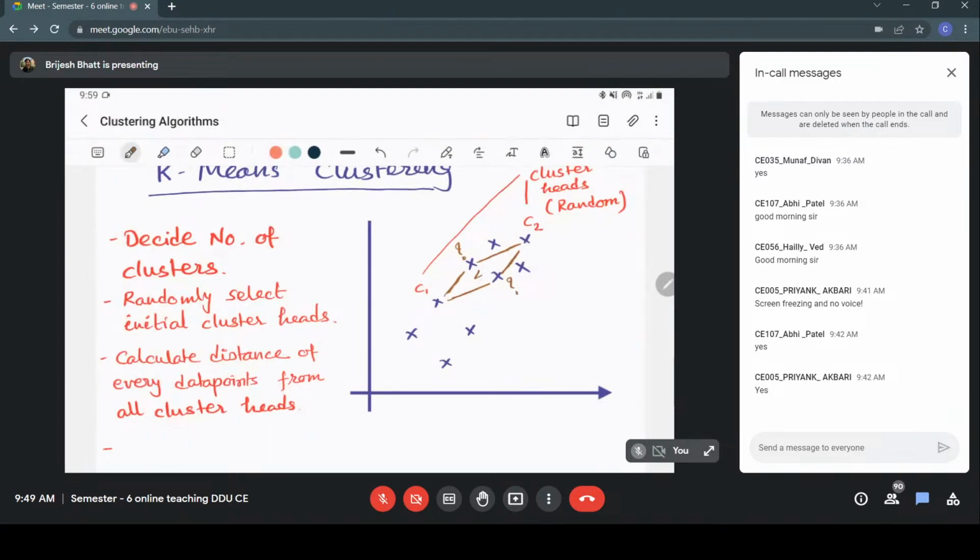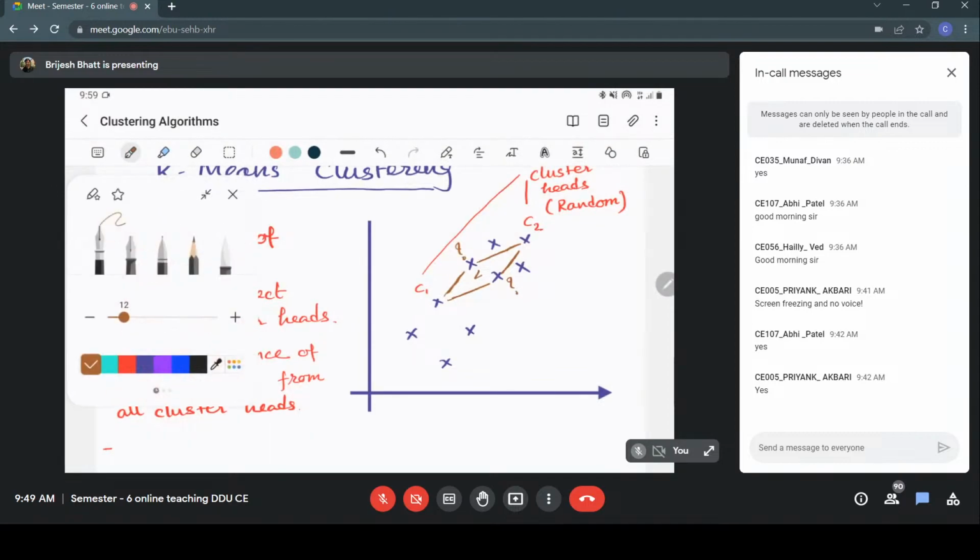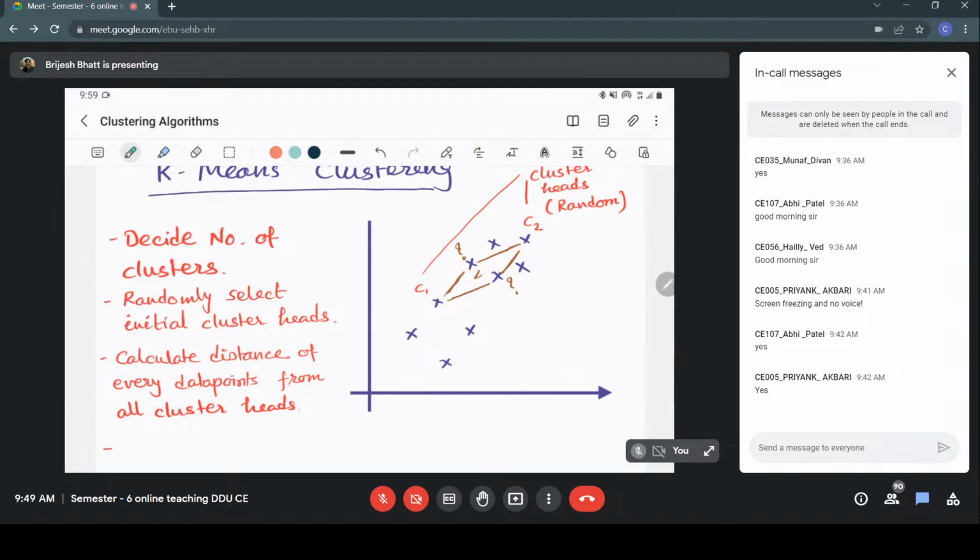So in your first iteration, you might get clusters like this. So that will be the first iteration: randomly initialize cluster heads and assign data points to the nearest cluster head. That is the first step.